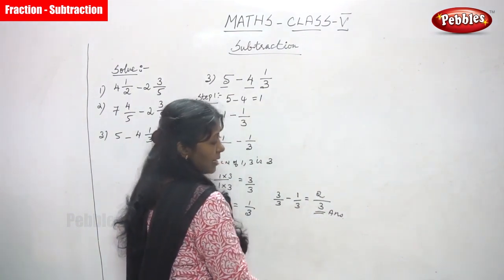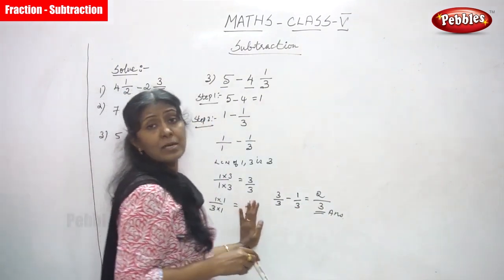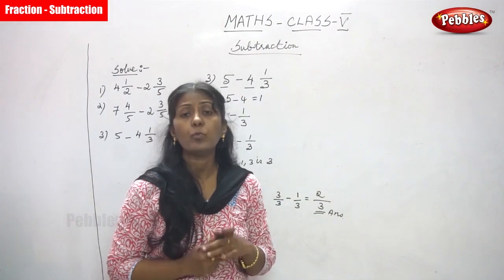So 2 by 3 is the answer. So almost we have solved all the 3 sums. Next we are going to see the word problems.